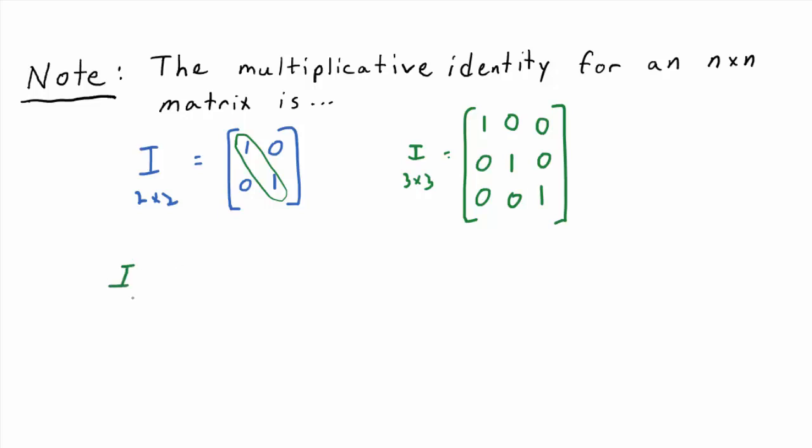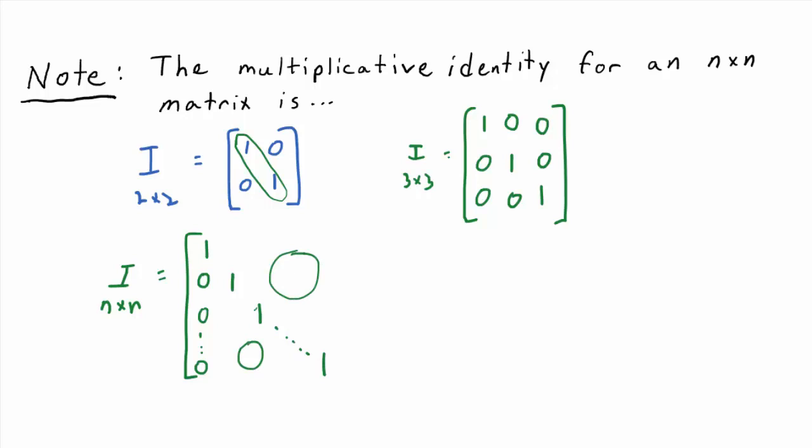I don't know what n is, but if it's n by n, you just keep going down 1, 1, 1 in that stair-step pattern until you get n of them. And then you're going to have zeros off the main diagonal. And how many of them will be there, I don't know, so I'll just use a big 0. So ones down the main diagonal, zeros elsewhere.